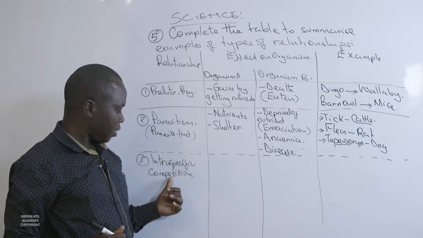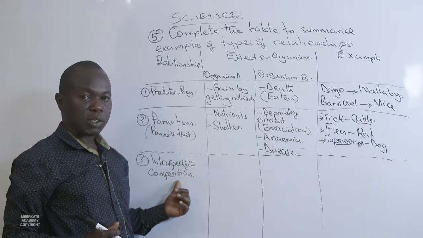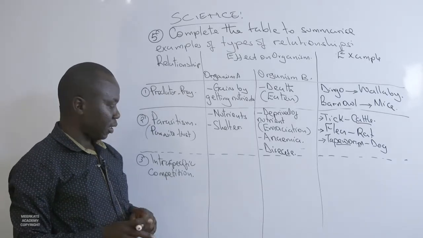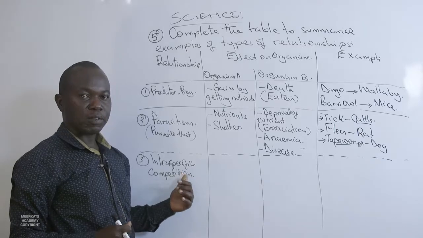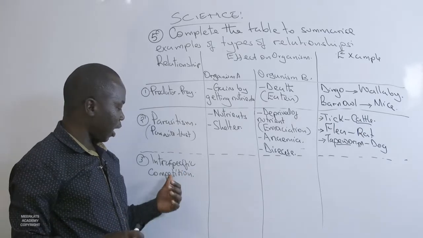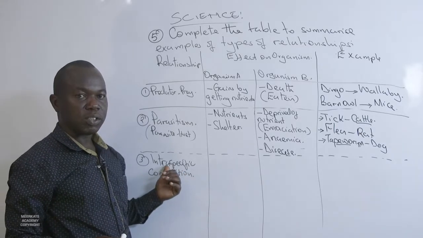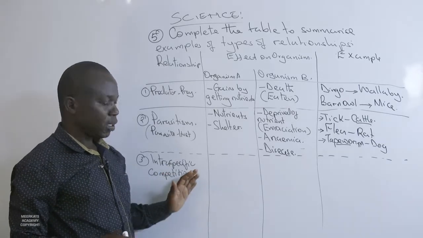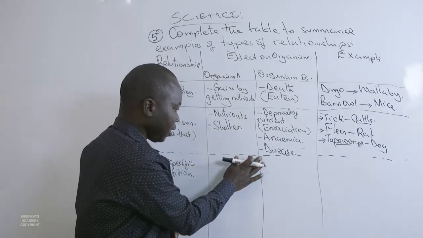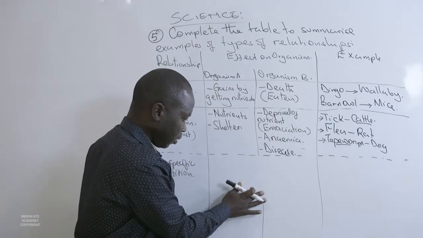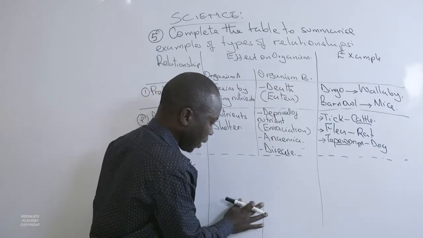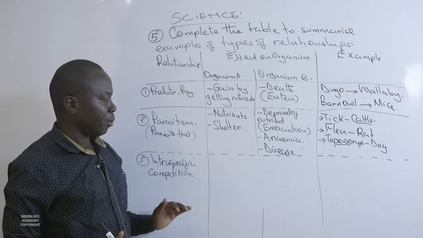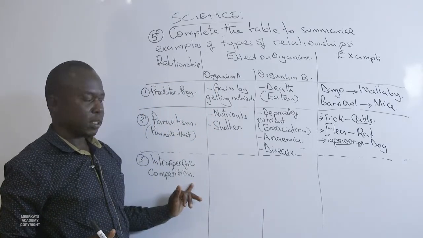But again, we said if that competition is within the same species, members of the same species, if it is human beings alone, then it's called intra, within the same. Because they are of the same species, that demarcation will not exist, but the effect will be on the population of the organism.